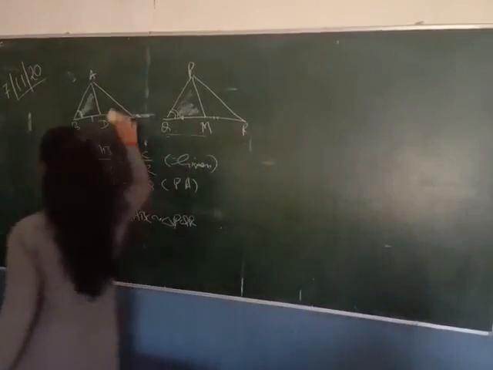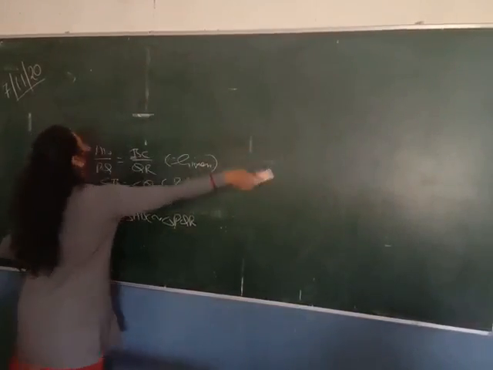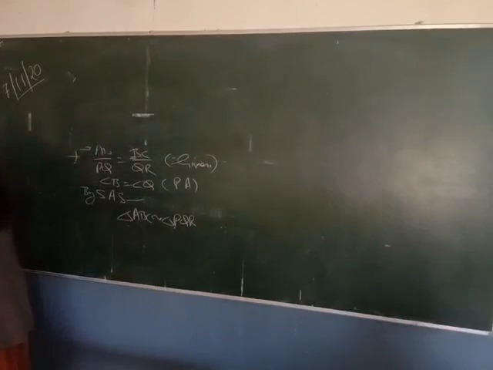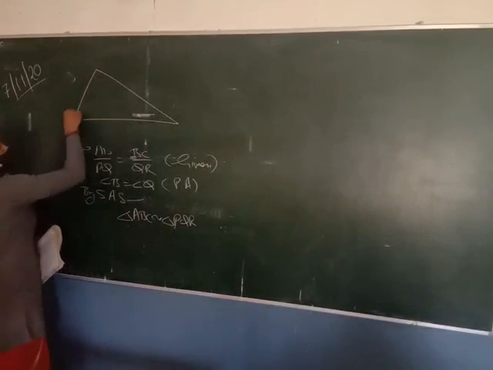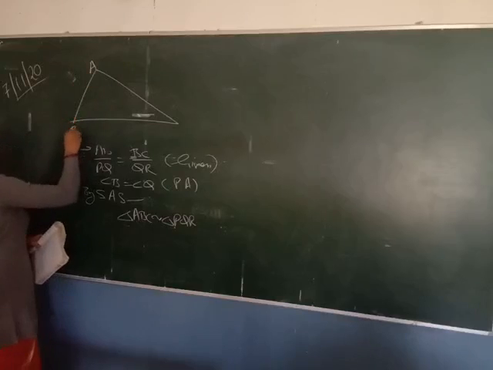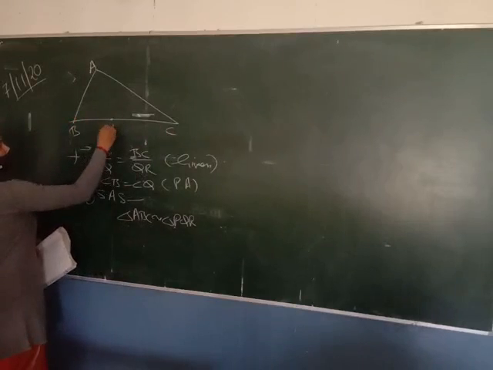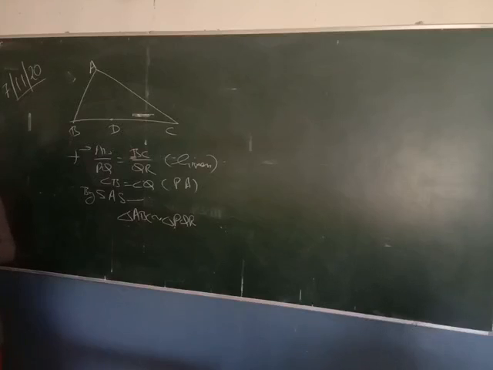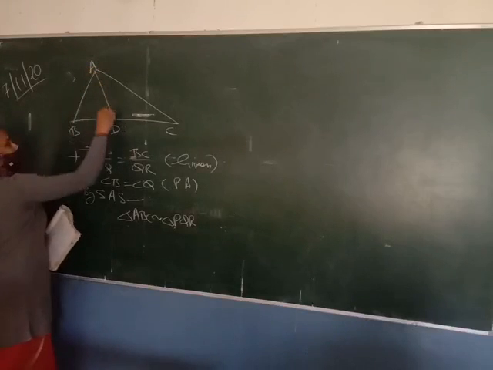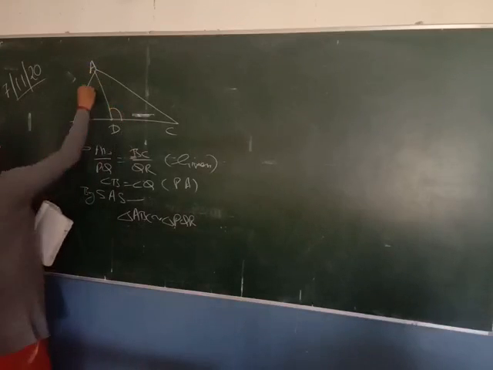Now the next question, question number 13. D is a point on the side BC of the triangle ABC. Suppose this is the triangle ABC and D is the point on the side BC. Such that angle ADC is equal to angle BAC.